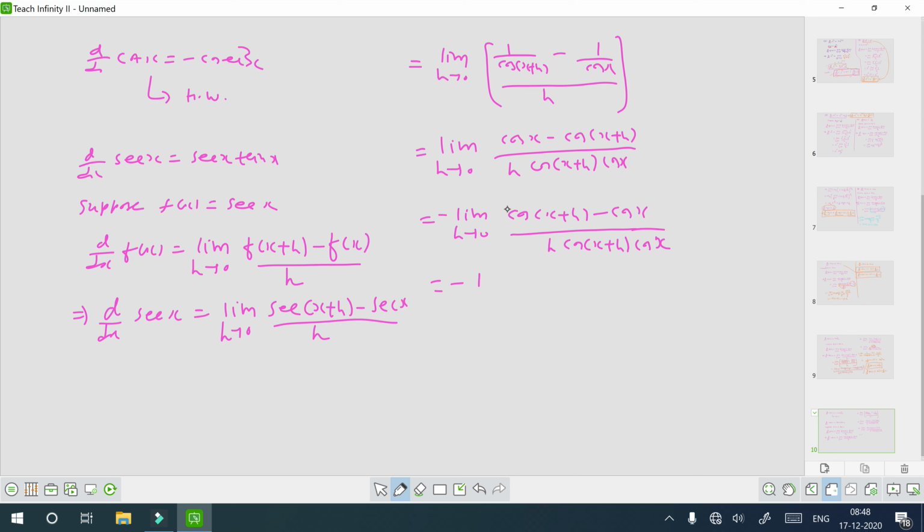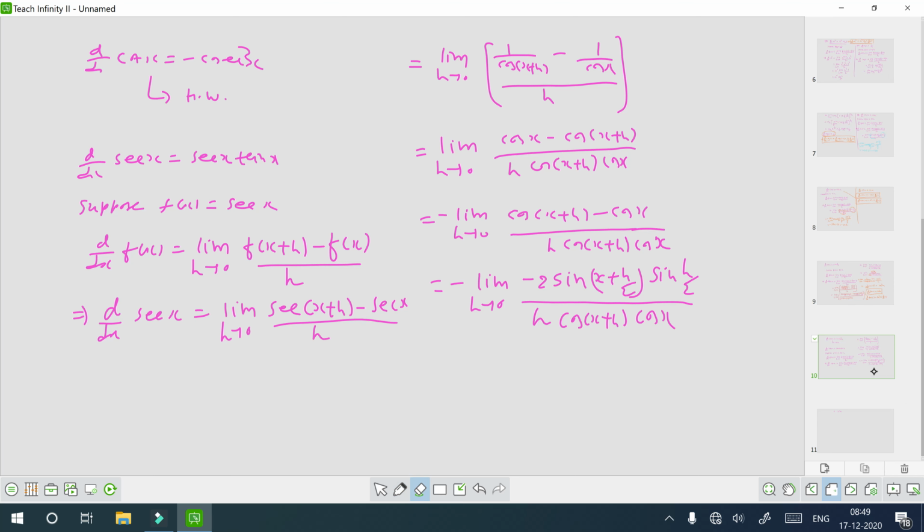So that is equal to minus limit h tends to 0, minus 2 sin of x plus h by 2 into sin of h by 2, over h into cos of x plus h into cos x. Clear? Now see, next page, minus minus plus, limit.